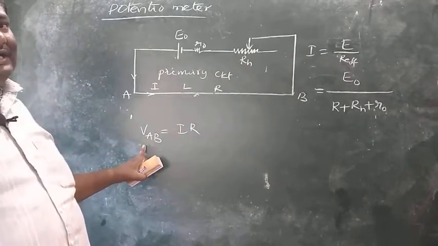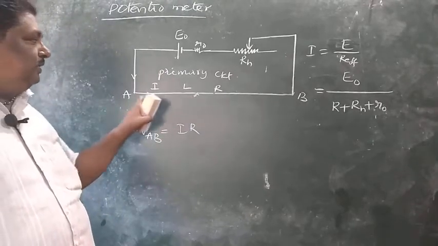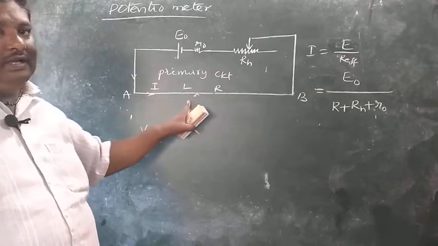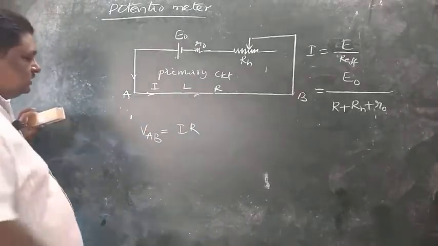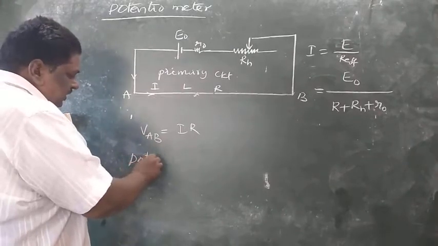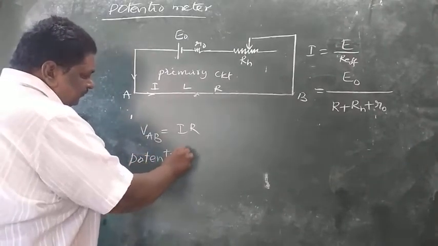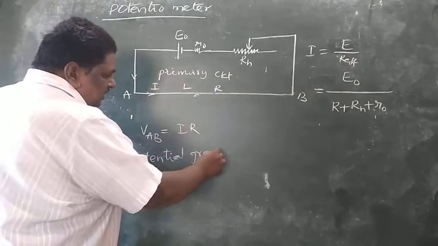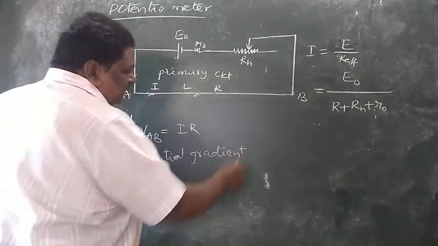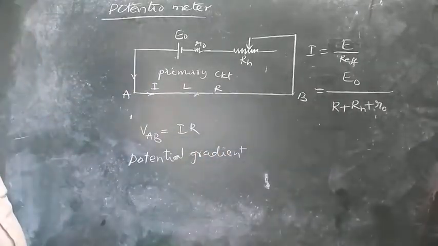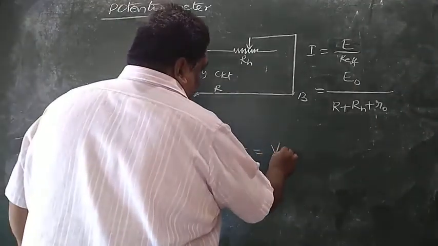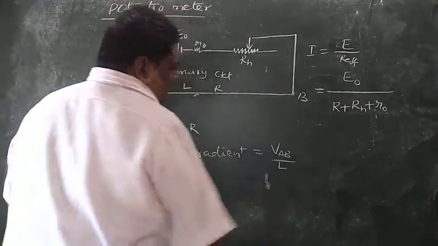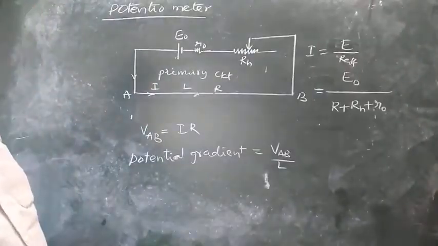Per 1 meter length, how much voltage is lost along the wire? That is called potential gradient. Potential gradient means loss of voltage per unit length. This is equal to the voltage loss across AB divided by its length.